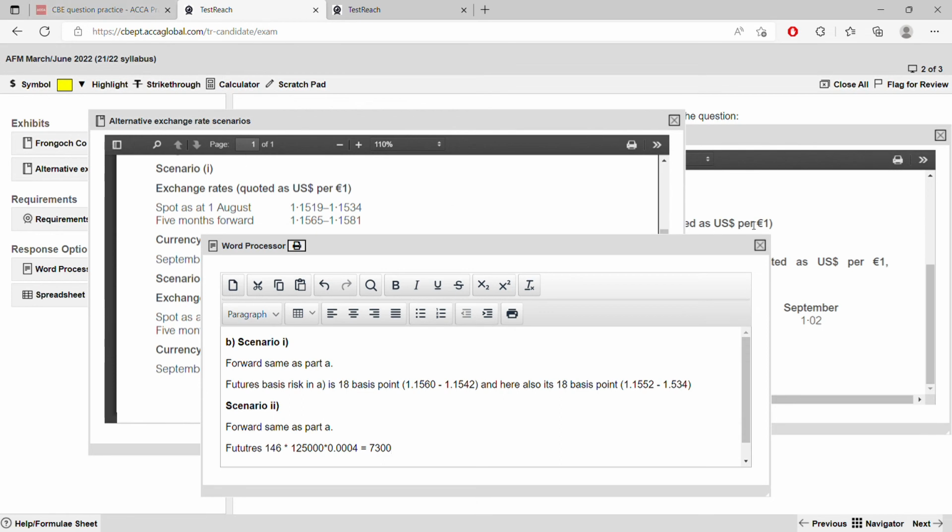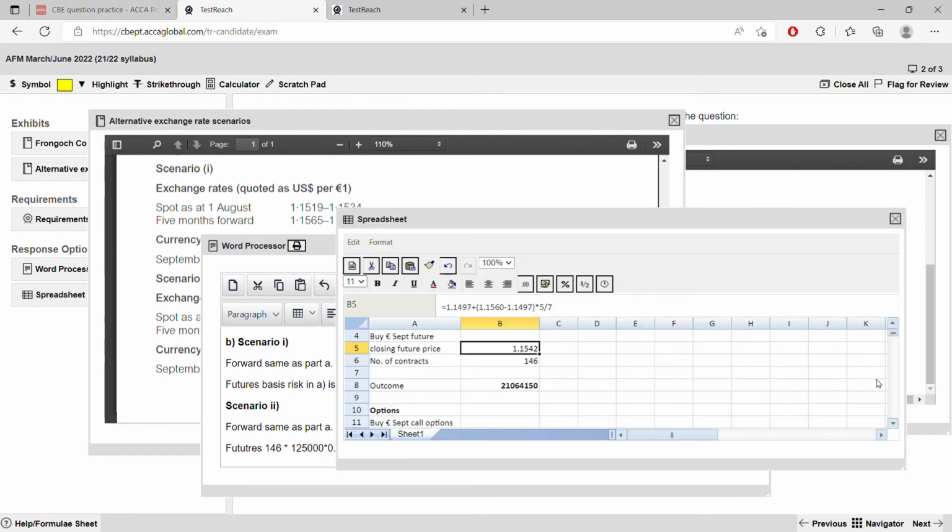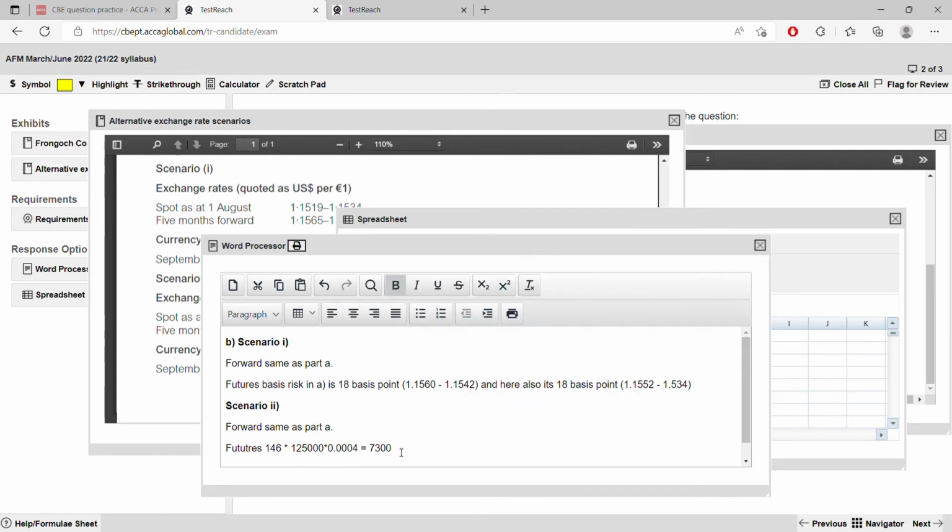Just go to part A, open your spreadsheet. This was the outcome. With this, you have to add that 7,300 also. Why? Because here it is less effective. You are hedging less here. So you have to show that impact. That means according to scenario 2, you will be in a worse position.